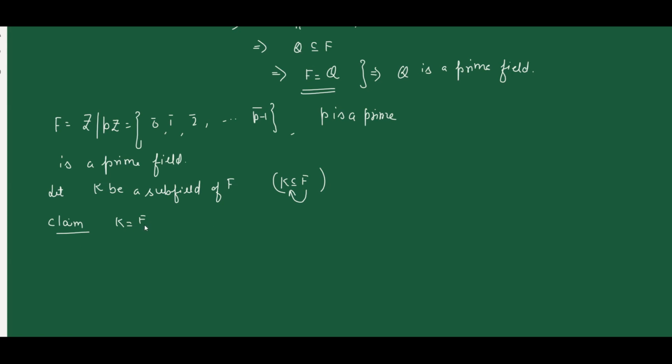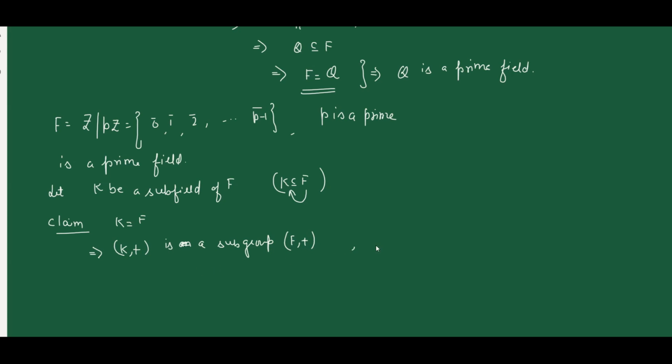Again we will show that every element of F is contained in K, or in some other way. Now K is a subfield of F, it means K under addition is a subgroup of F under addition, because F is a field, so F under addition is an abelian group, and K under addition is a subgroup of F under addition.